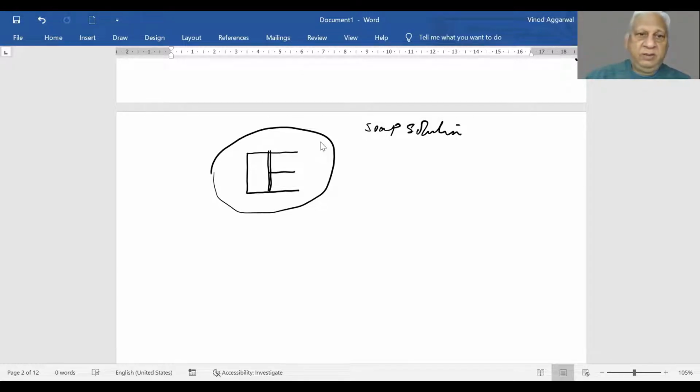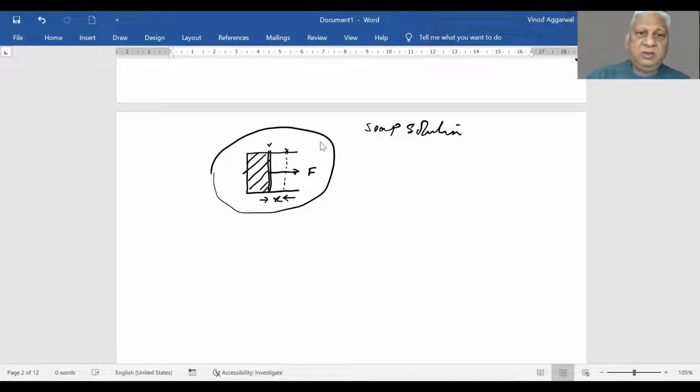Then what we will see is that a soap film is formed here. Now if you apply force so that this wire moves from here to, let us say, here, it moves a distance x.